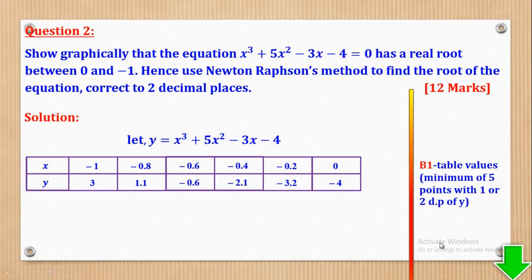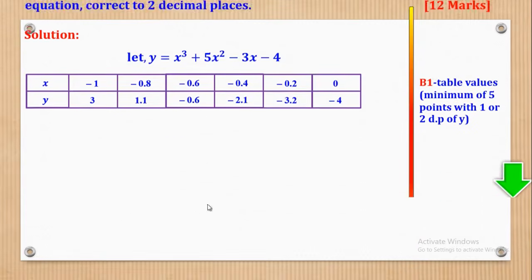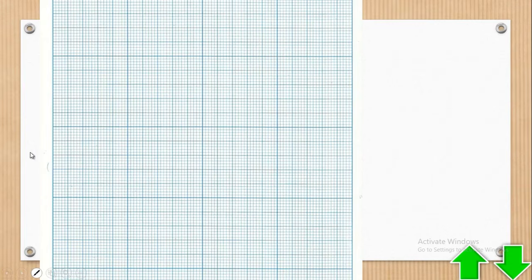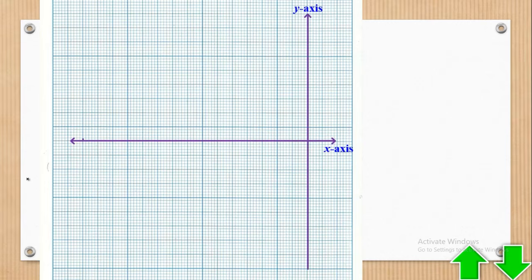The next is, they told you to show graphically, so we have to plot. Therefore we shall come and get our graph paper, then put the axes, x-axis and y-axis, then put the scale for the horizontal axis, and then the scale for the vertical axis.